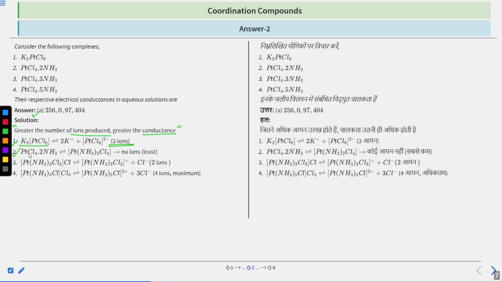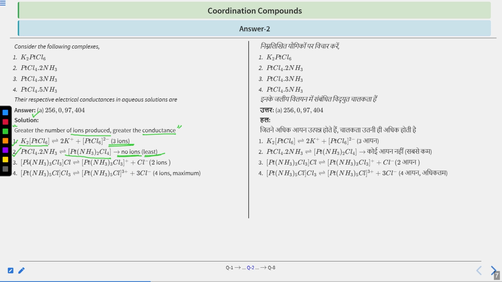In the second case, [Pt(NH3)2Cl4], this is the formula of the complex. And you can see that no ions are produced in this case. That means it is the least number of ions produced among these 4 complexes. That's why this is the least number.